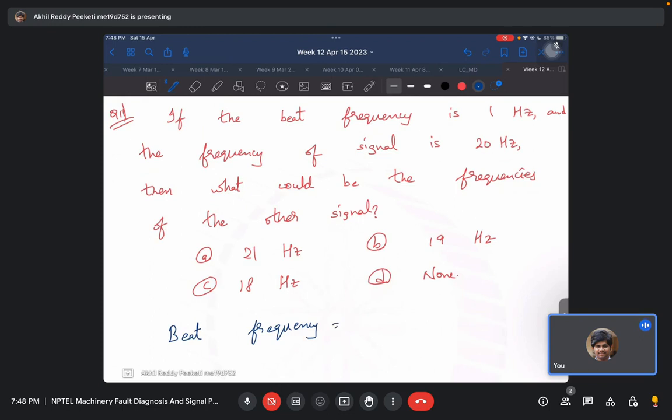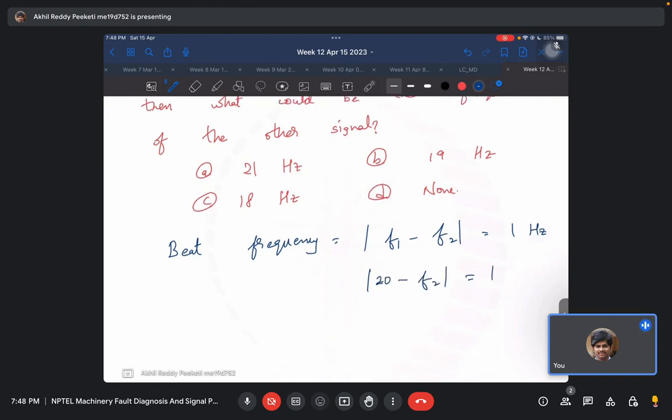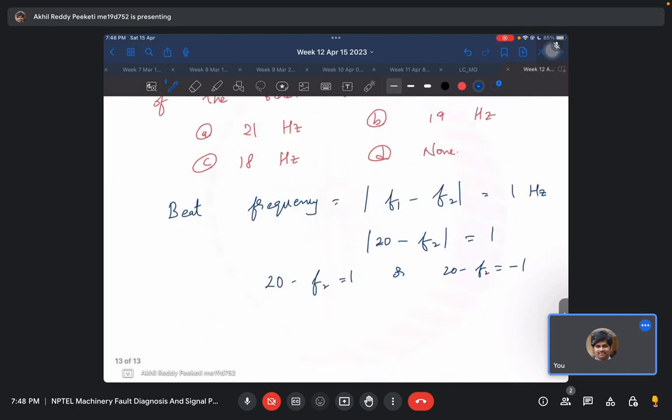It is the absolute difference between the two frequencies, right? So here the beat frequency is given as 1 Hz and one signal is given as 20 Hz. So 20 minus f2 is 1. When you have absolute, you can have 20 minus f2 is equal to 1 or 20 minus f2 is equal to minus 1. So f2 is 20 minus 1 or 19 Hz, or f2 is equal to 21 Hz.